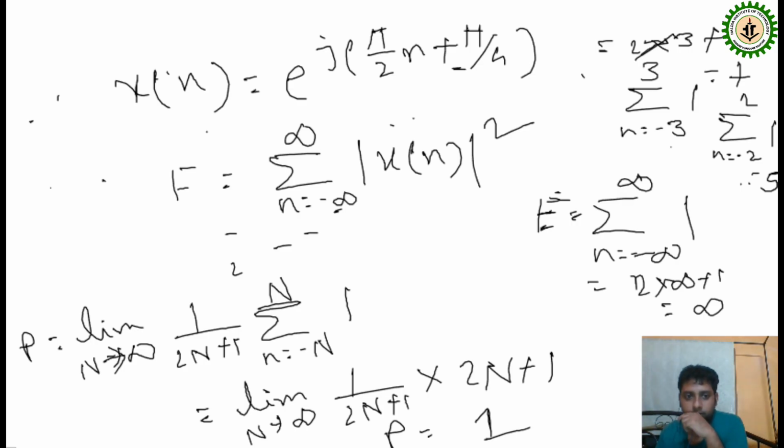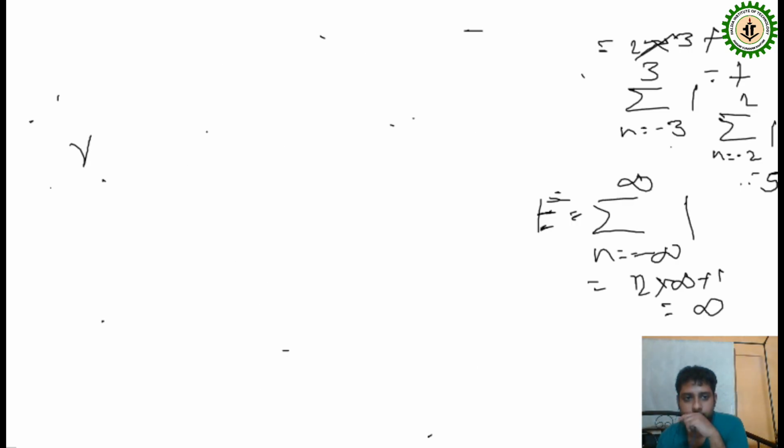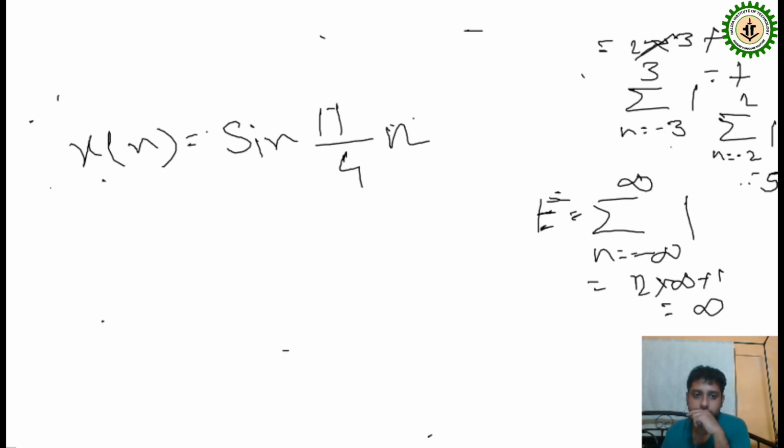Now, if we solve another numerical, x[n] is given, suppose sin(pi by 4 n), and it has been asked to find the energy and power of that signal.